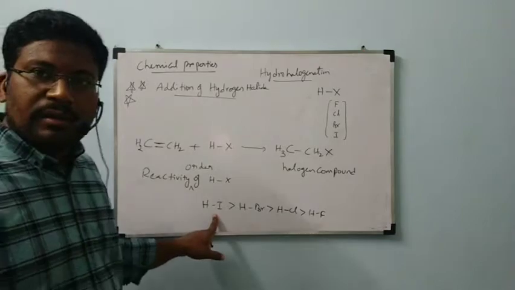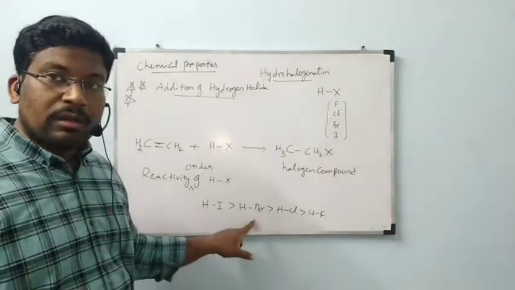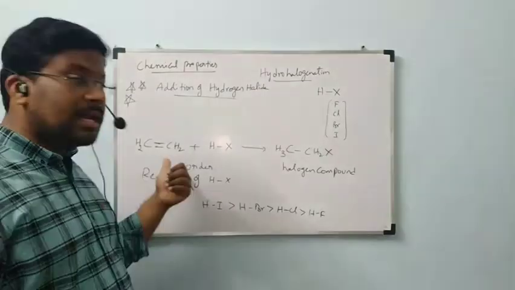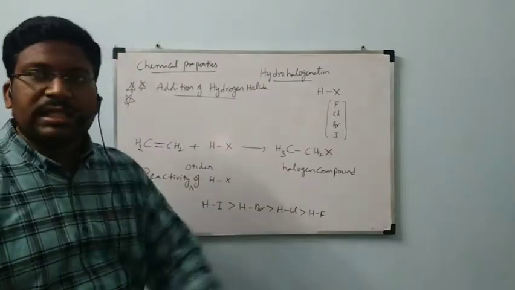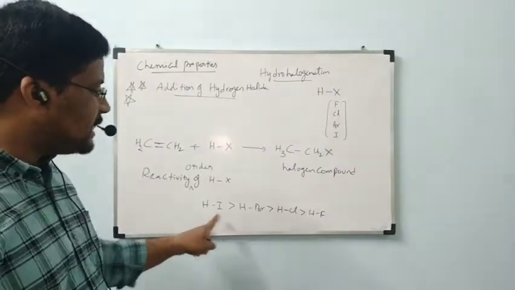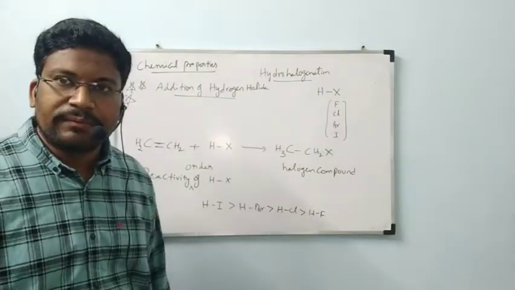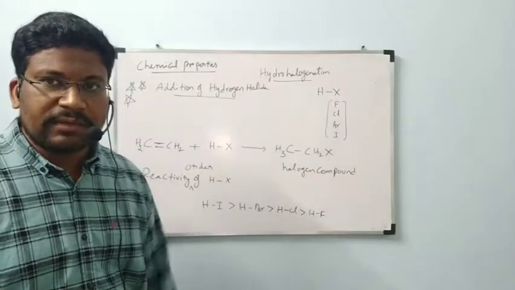HI has reactivity greater than HBr. Reactivity of HBr with a double bond is greater than HCl. The least reactive one is HF. HI greater than HBr, HBr greater than HCl, HCl greater than HF. Okay, ma? This is the reactivity order.